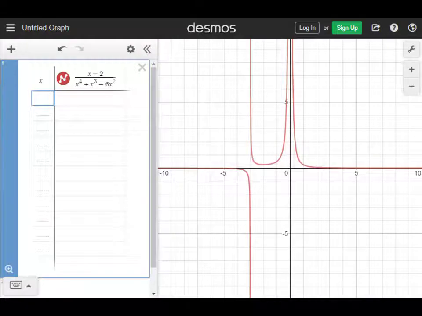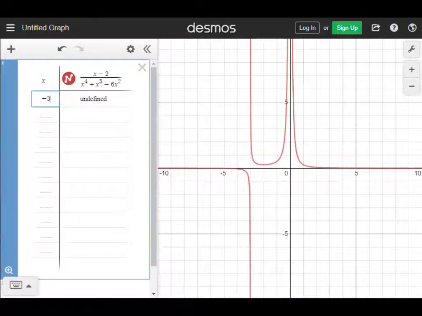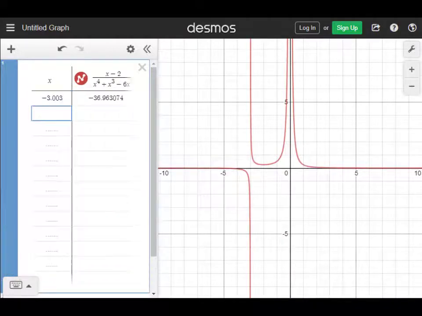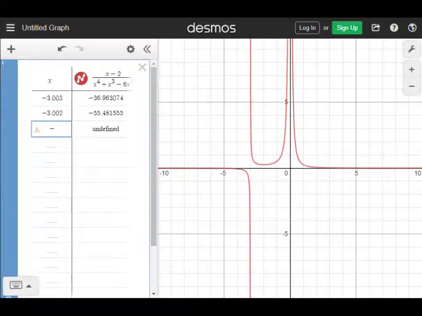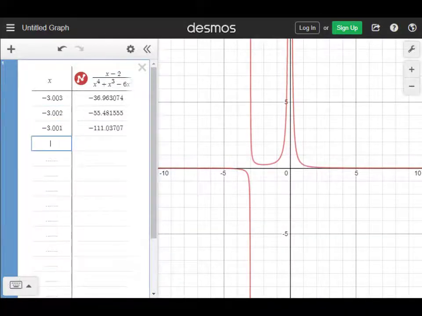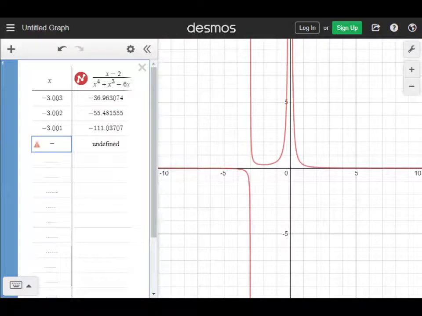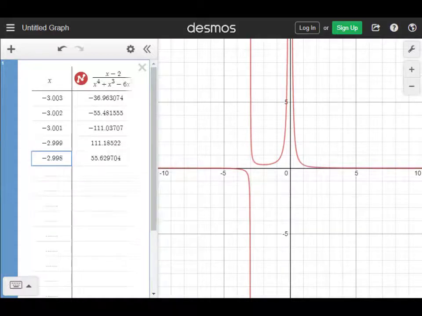If I want values that are a tiny bit smaller than -3, I would probably go -3.003, -3.002, and -3.001. Now the numbers that are a little bit bigger than -3 are -2.999, we'll throw another 9 in there, -2.998, and -2.997.